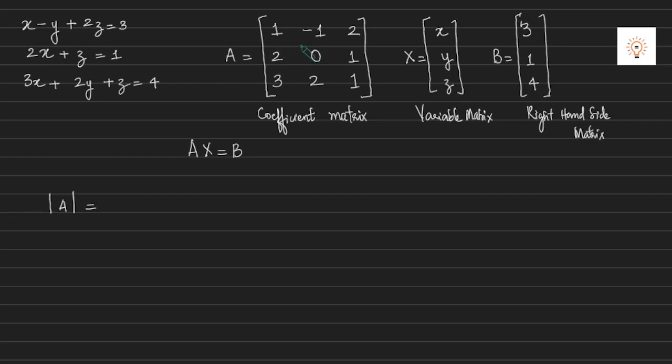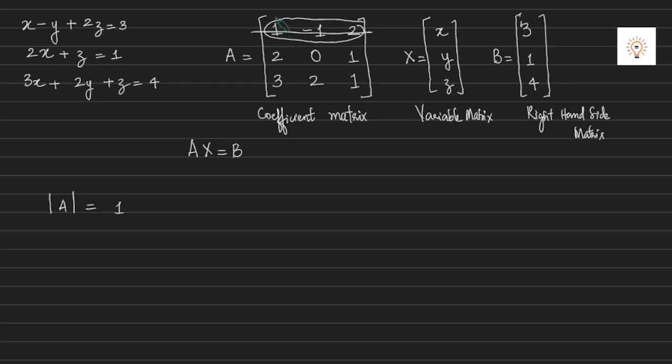I'm going to expand it along the first row, where the numbers are 1, -1 and 2. I put the first element as 1 as it is. Now to find the remaining part of that determinant, I have to ignore the row and column in which that 1 is there.